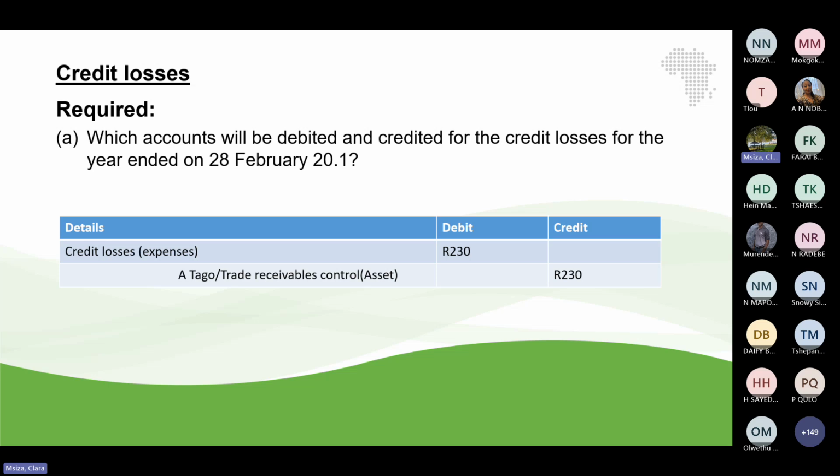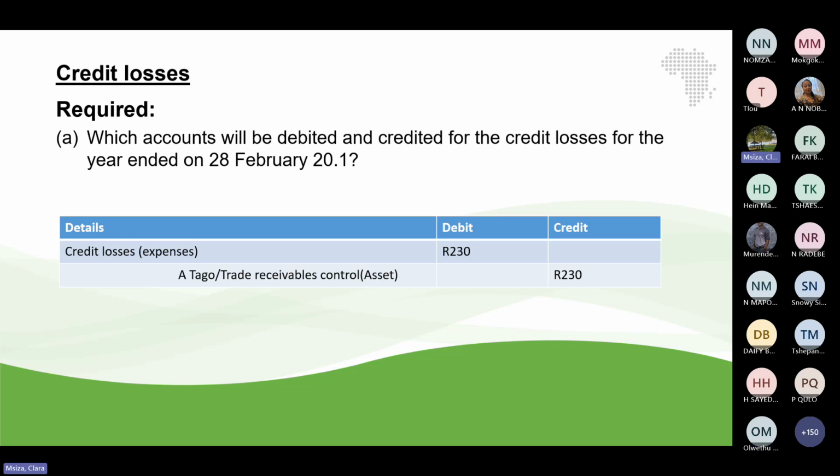Now you need to change this transaction to be the opposite, meaning you'll receive money in your bank account on the day. Now this debtor has paid you that money, so your credit losses will become an income, and your income will increase on the credit side.